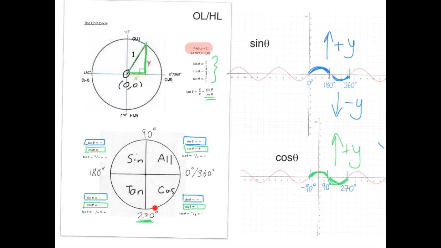So cosine is our only positive function down here. And that explains where the CAST circle comes from that we'll be using in many questions that involve trigonometric equations and trigonometric expressions.